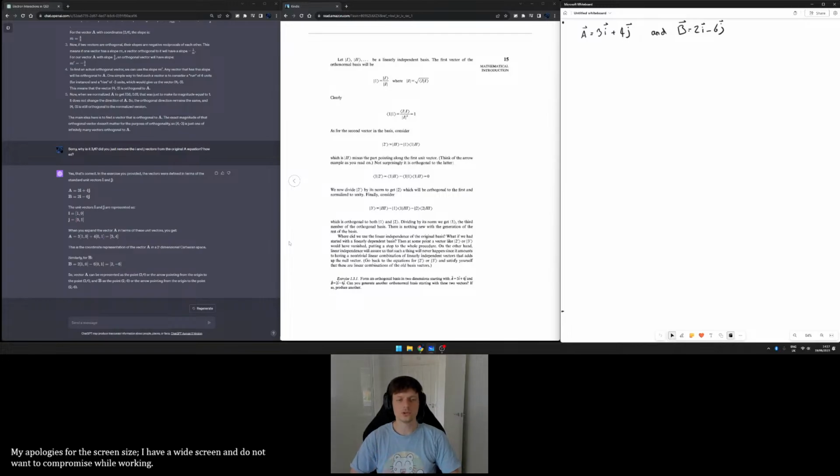Now it says form an orthogonal basis in 2 dimensions, starting with these two. So I think it was saying we can see if something's orthogonal if you take the inner product of the basis and some other vector, minus the inner product of the first basis multiplied by the basis inner product with the second vector.